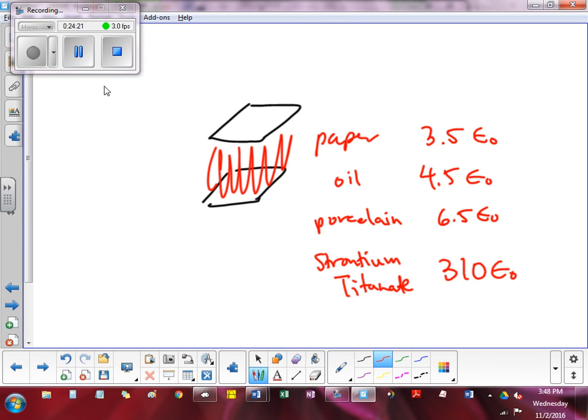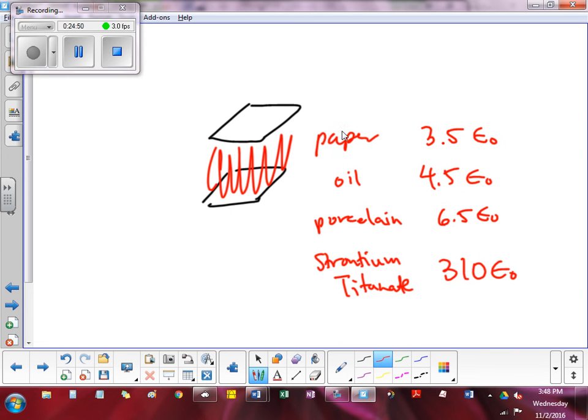These materials in between here, those are called the dielectric, and you can see they all have different abilities to raise epsilon naught to new values. So you're not really changing epsilon naught, you're interfering with epsilon naught, and you're changing the effective permittivity of that region. Epsilon naught will always be what it is, but by putting in a material, you can multiply it by something. Okay?